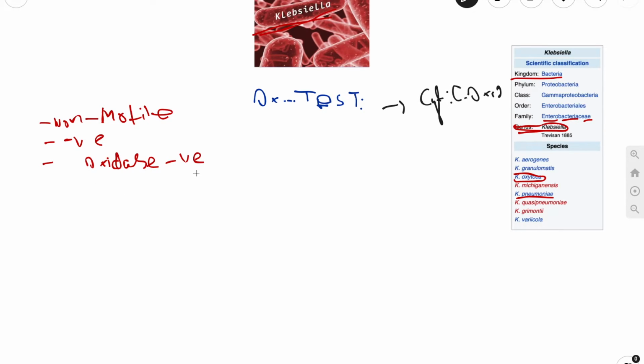If it were oxidase positive, it would have produced this enzyme, but it does not, so there is no terminal electron acceptor in this process.